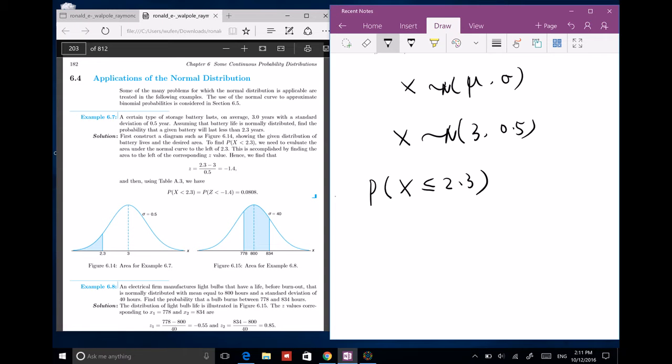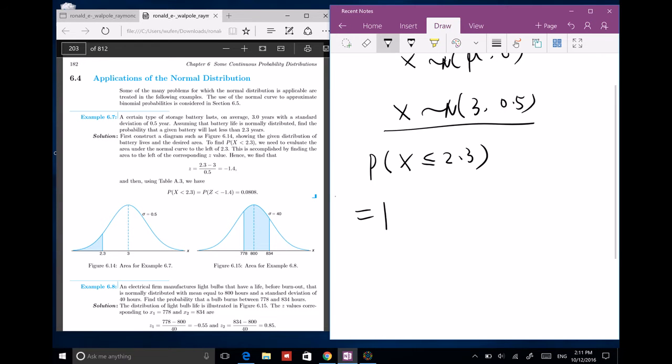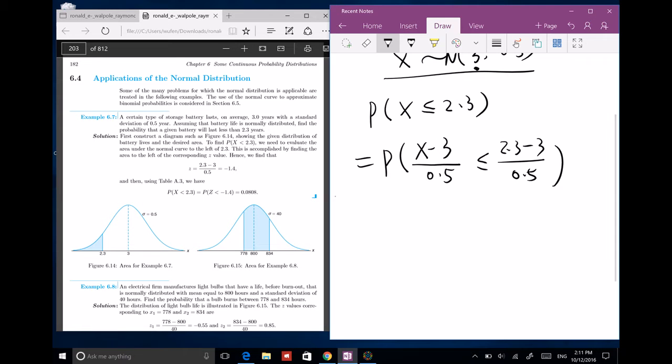Well, this is not a standard normal distribution, so we have to change that into a standard normal distribution. What do we do? We subtract the 3. If you subtract 3 from all the values, it gives you a mean value of 0. Divided by the standard deviation, it gives you a standard deviation of 1. So X less than or equal to 2.3 becomes 2.3 minus 3 over 0.5. You do the same operation on both sides. This is going to be a standard normal distribution now.